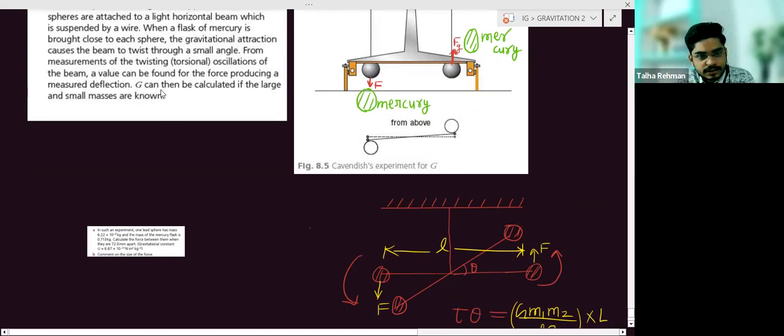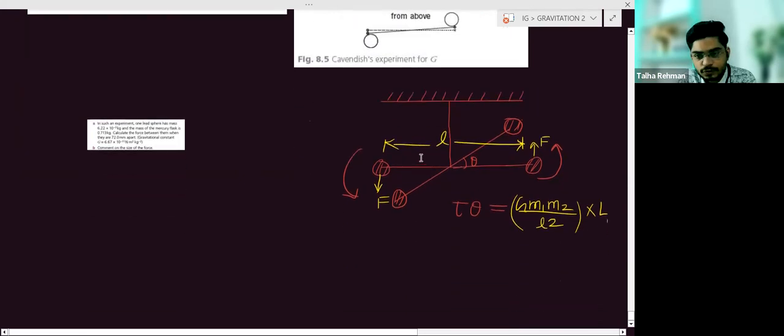G can then be calculated if the large and small masses are known. The large mercury masses will be the large masses and these will be the small masses. These lead masses are the small masses and the mercury masses are the large masses.